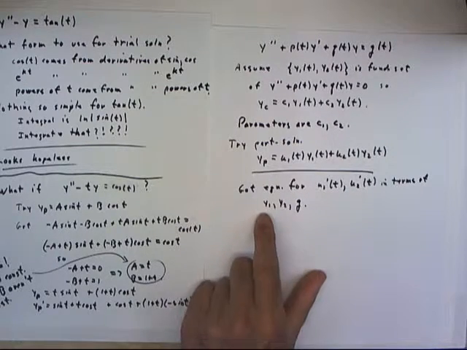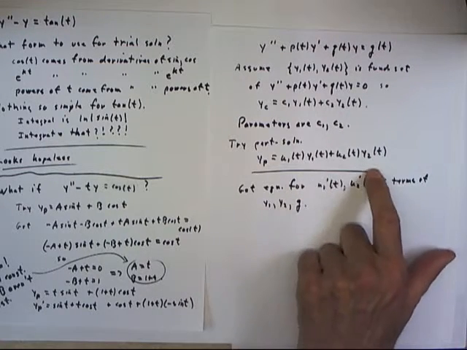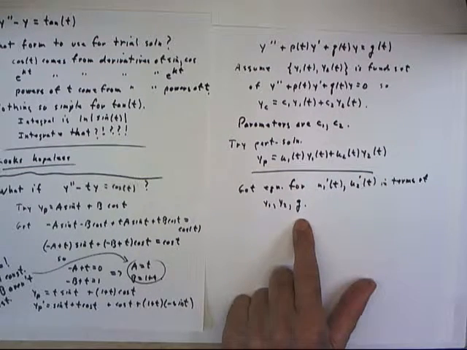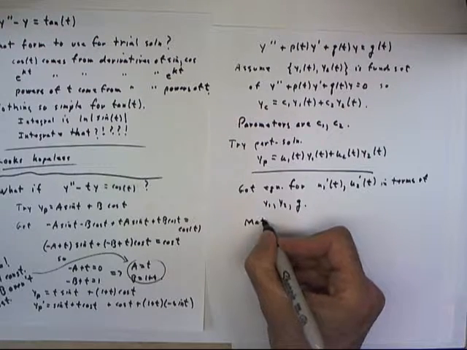Now more strictly, in terms of y1, y2, the derivatives of y1, y2, because remember, y1 and y2 are functions of t, and of course g is a function of t.